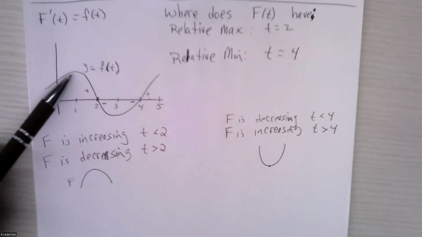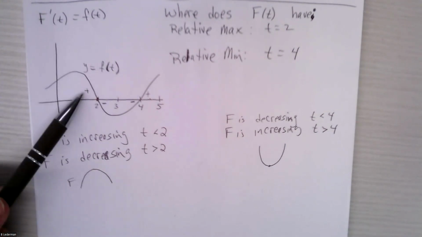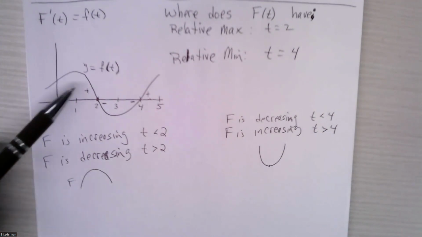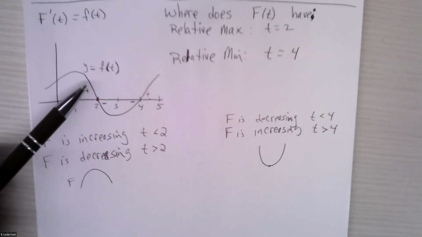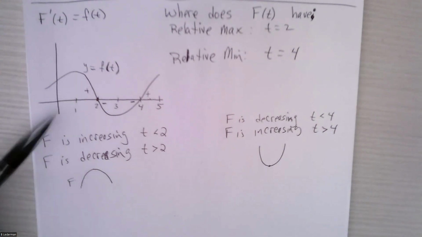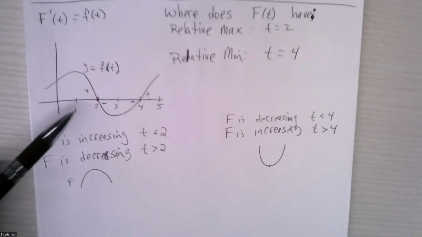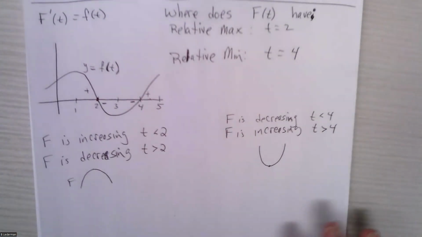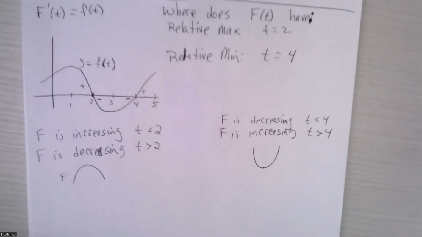Y is going down, but it's a positive amount, which means capital F is increasing as long as the derivative, because y is actually the derivative of capital F, is positive. So it goes from increasing to decreasing. Very nice problem.